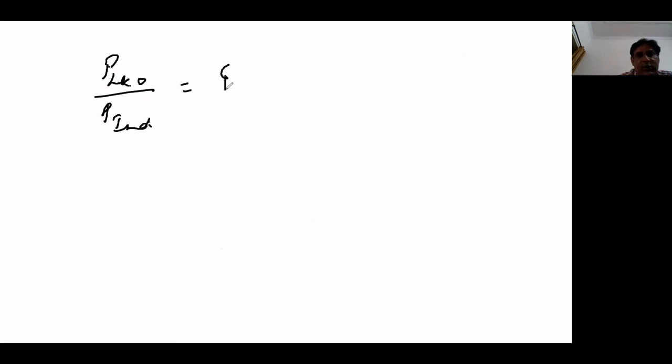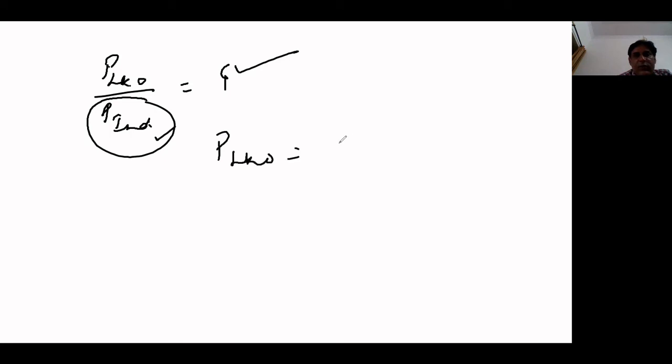This ratio is G. We know this. Now the population of India can be ascertained from the census division, which predicts the population growth of India. Once you know this, P Lucknow would be equal to G into population of India. Now this is a very simple method of forecasting the population of a particular city because it is taken in the form of a ratio with respect to the population of the country, right?